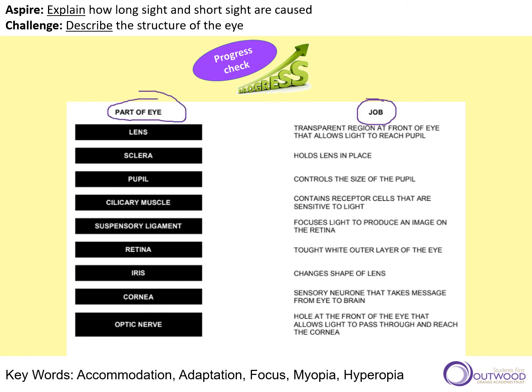What I'd like you to do is match each part of the eye with the definition. Now, I apologise. That should say tough, and that should say ciliary. But regardless of the few errors in spelling, what I'd like you to do is match the two sections.